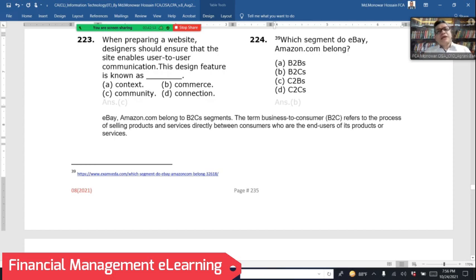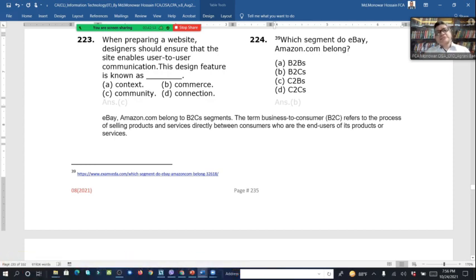When preparing a website, designers should ensure that the site enables user-to-user communication. This design feature is known as community. When preparing a website, designers, also the programmer, should ensure that the site enables user-to-user communication.